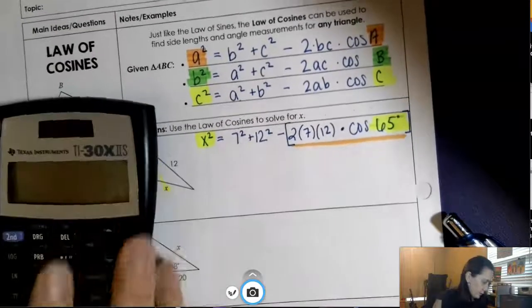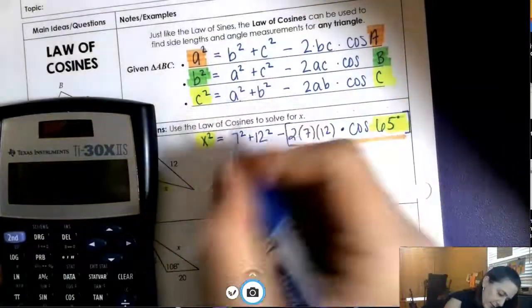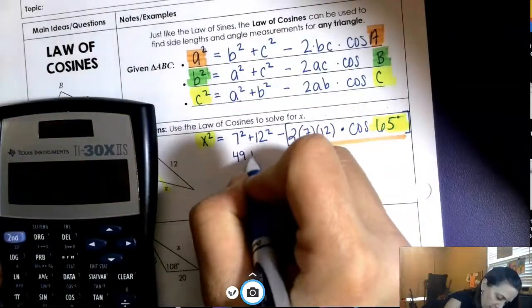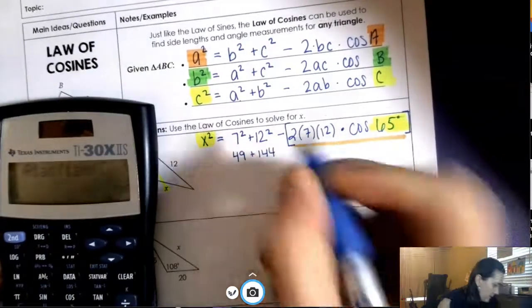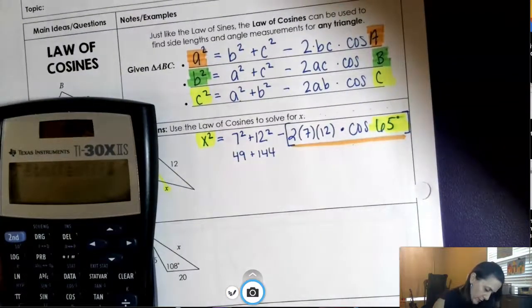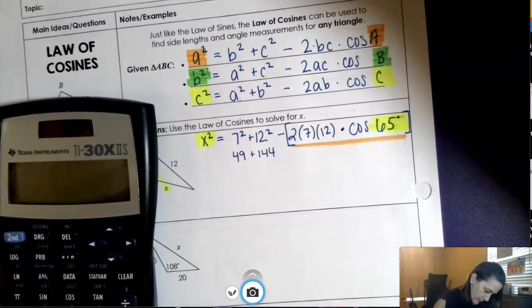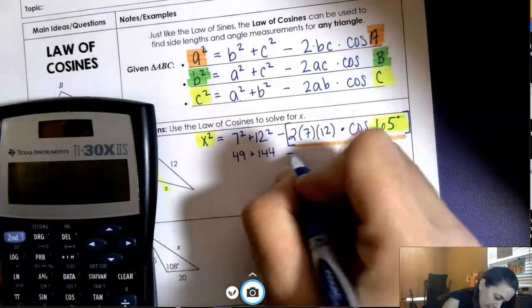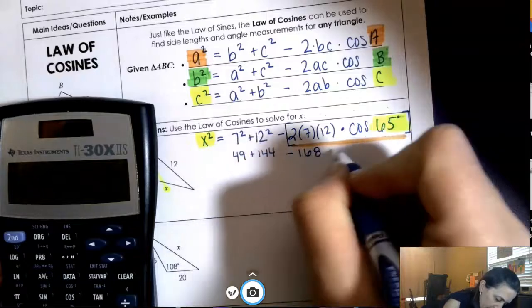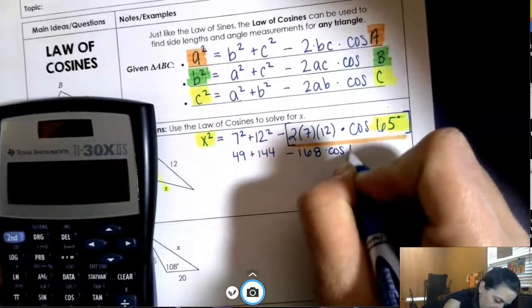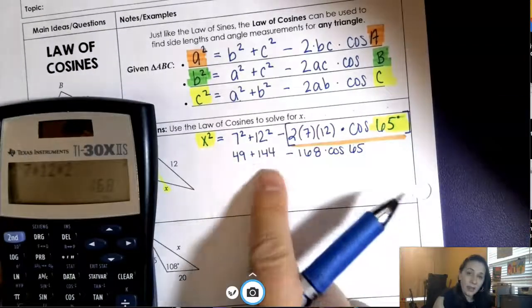7 squared plus 12 squared. So again, 7 squared we should know is 49. 12 squared is 144. 7 and 12 times 2, I get negative 168 here, times cosine of 65. Now again, you cannot just subtract that.